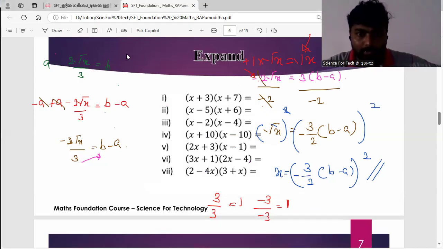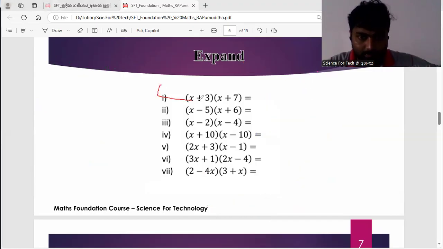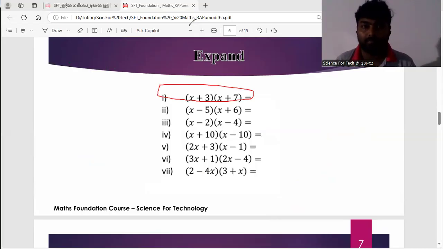Tell me whether you know how to expand this kind of expression? The thing is, you have to multiply every term like this.